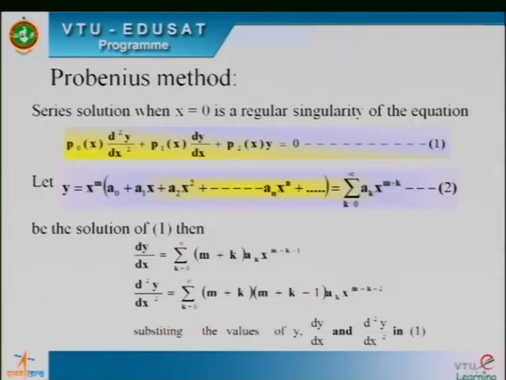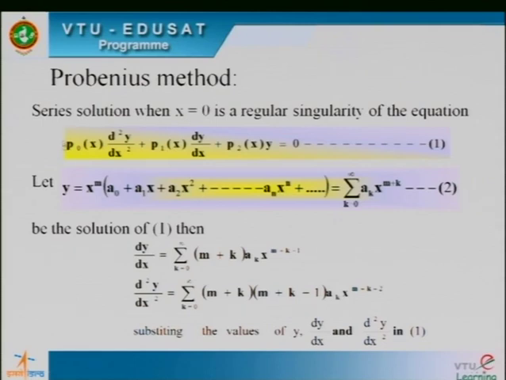Then we find the values of a0, a1, a2, a3 and so on, and substitute them in the assumed solution. So the series solution can be expressed in terms of a0 and a1, where a0 and a1 are arbitrary constants. We discussed all these things in the last period.